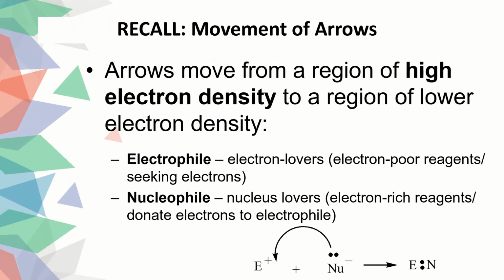So these are the positive or relatively positive species, as opposed to the nucleophiles, which are nucleus lovers. They are electron rich reagents. They donate electrons to electrophiles, right? So we must know and understand and be very comfortable with this terminology. And so here we can see that the arrow starts here, the origin of the electron. It ends up on the electrophile, from the nucleophile to the electrophile, and we have a bond forming here.